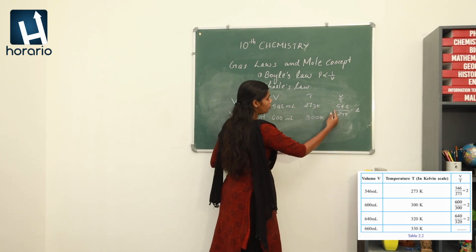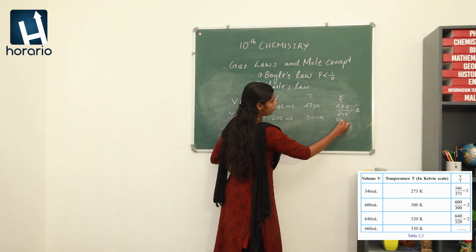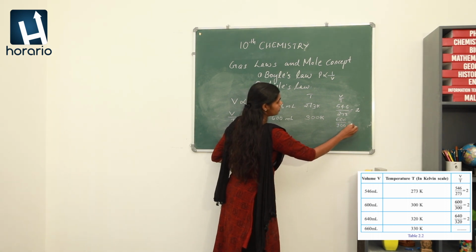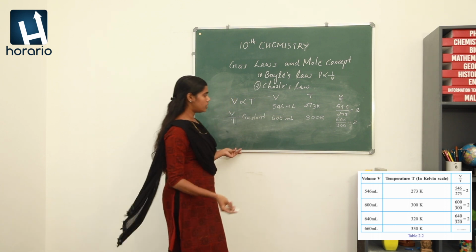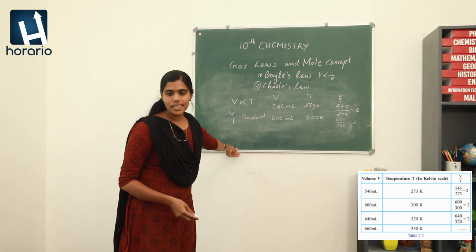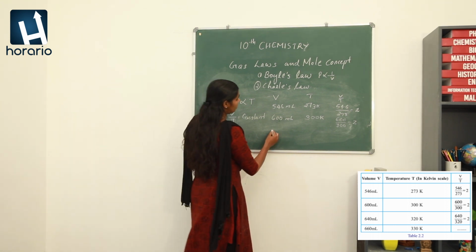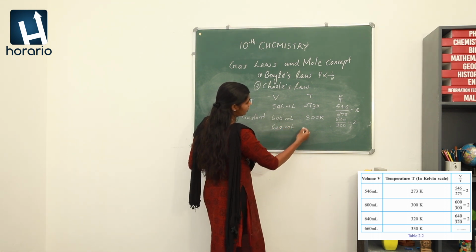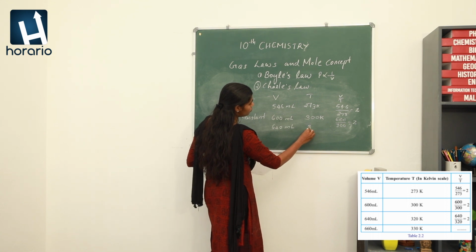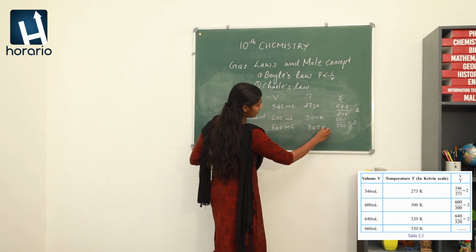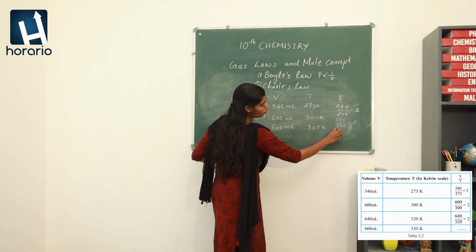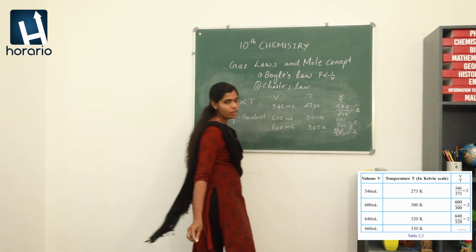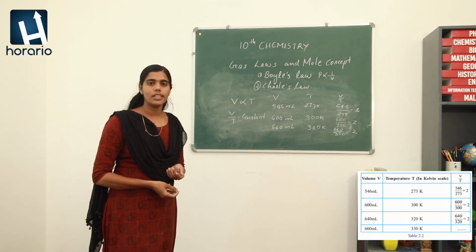V by T, 600 divided by 300, that is also 2, constant. Then next one, 640 ml volume gas and 320 Kelvin. 640 by 320, how much? 2 itself.